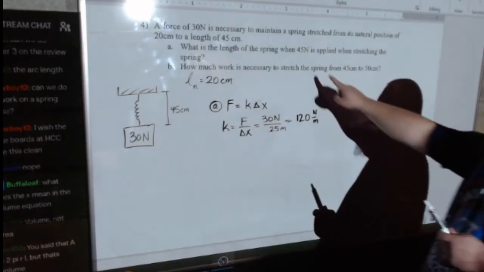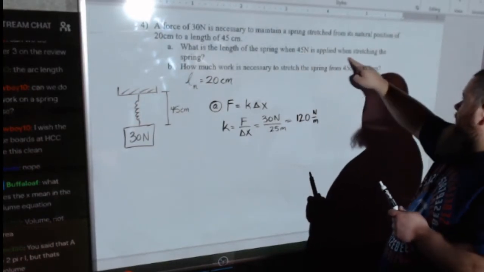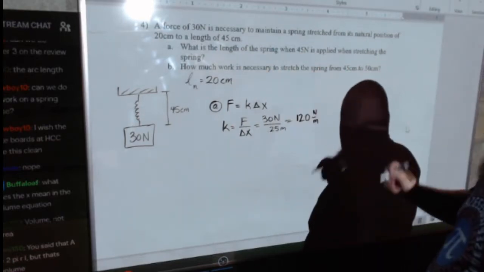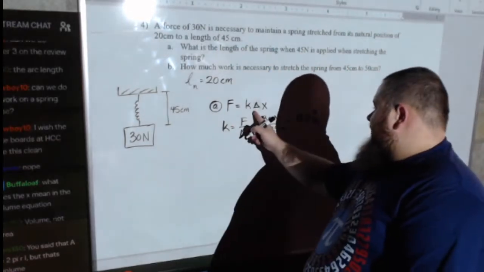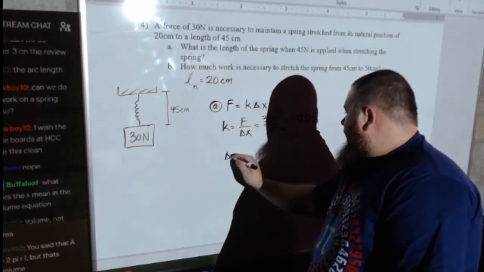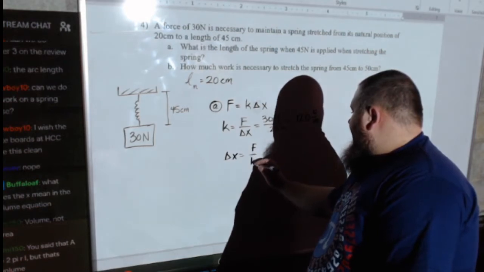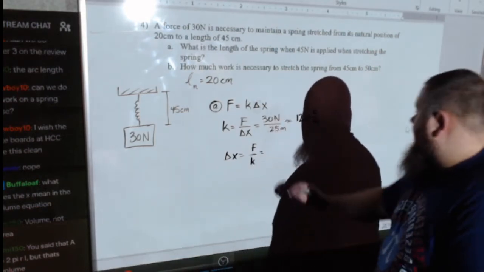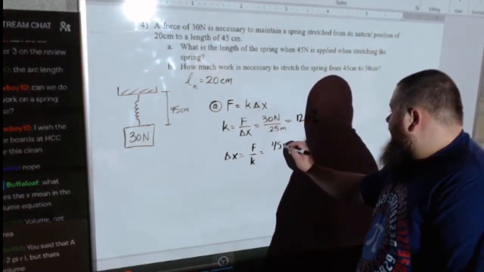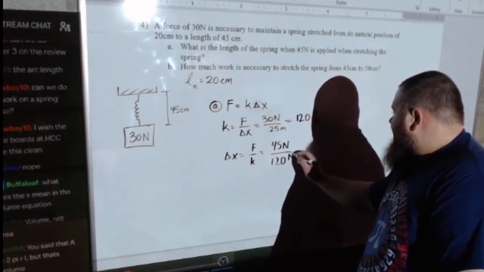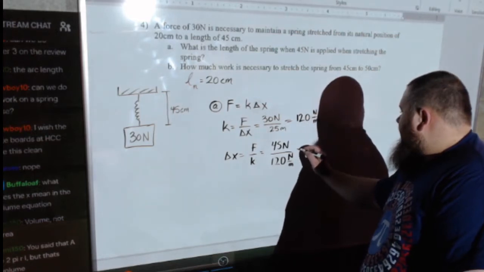So now if we hang 45 newtons, what's the length? So again, use this equation. Now we're looking for delta x, so that is F divided by k. Now we're applying 45 newtons, with a spring constant of 120 newtons per meter.